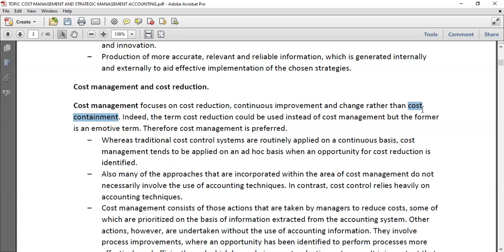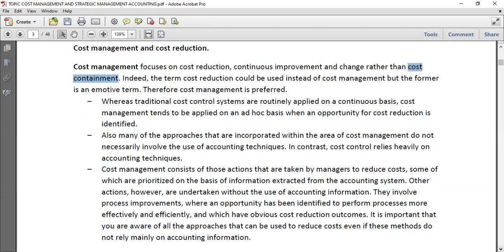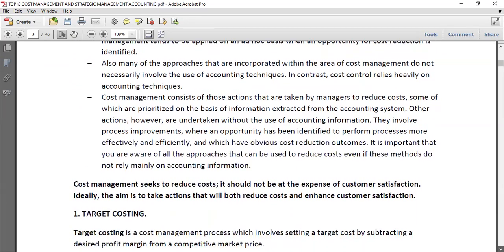Because remember, we are cascading down to even other qualitative things like continuous improvement, change rather than cost containment. So we are not on things like standard variance analysis, okay? That are going into comparing what we had in the previous, maybe with the current, or what we had in the budget with what we have in the actual, okay? So that is very important when it comes to cost management.